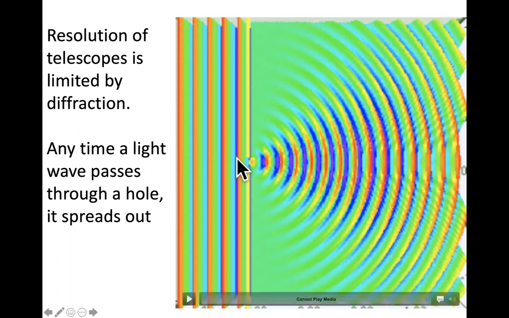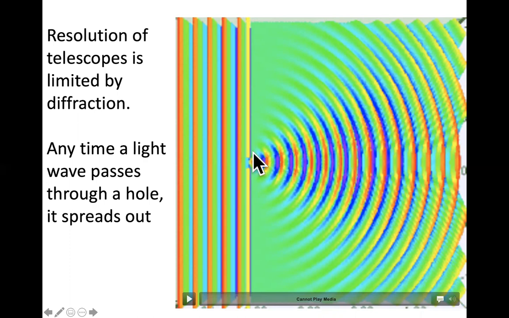For example, this is just a graphic showing a wave consisting of red and blue bands that is coming onto a wall here and then propagating through it. Now, there's a small hole in the wall, so the light partially gets through.